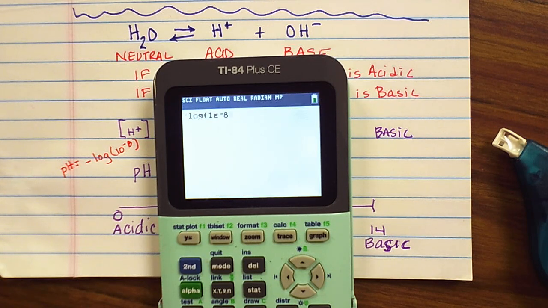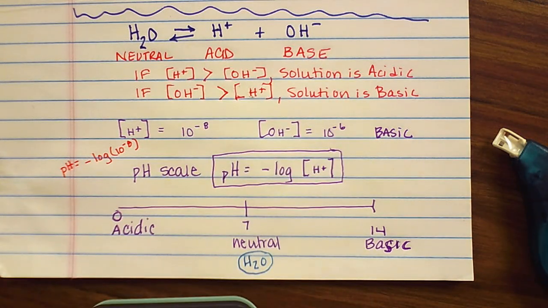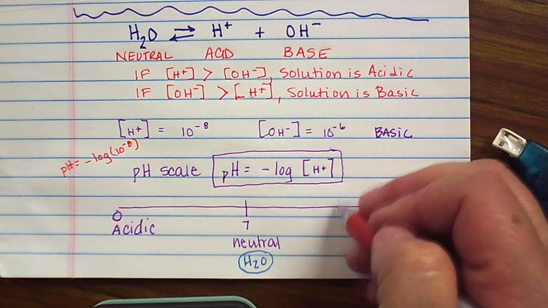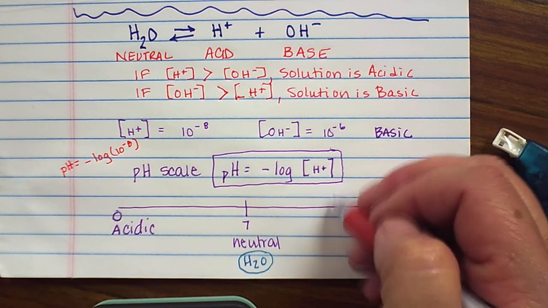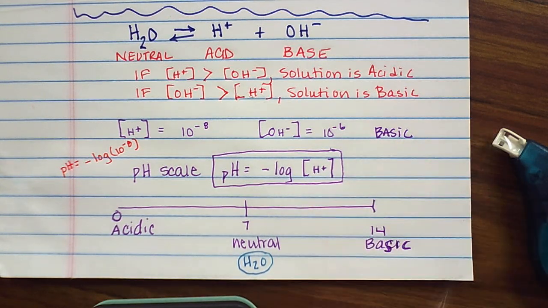So that's my 10 to the minus 8, however you do it, right? Close my parenthesis, and I get 8. So we knew that. I mean, that's not anything major, right? So my pH is 8, which puts me in the basic range, right here. Okay? All right, so let's do some practice problems.